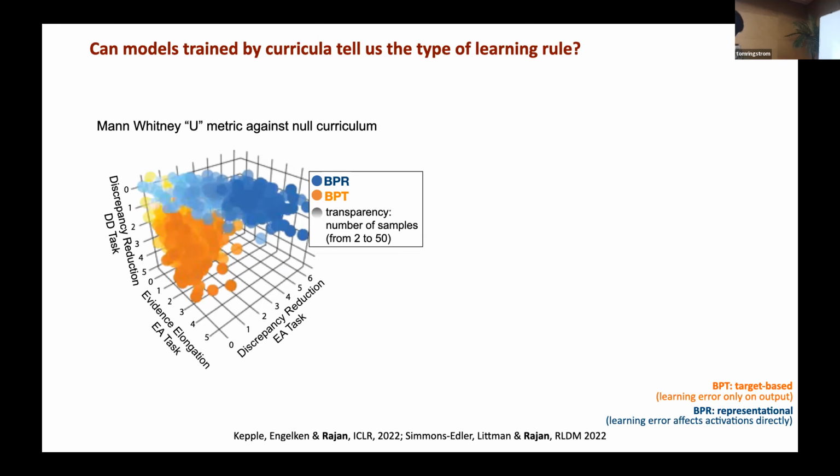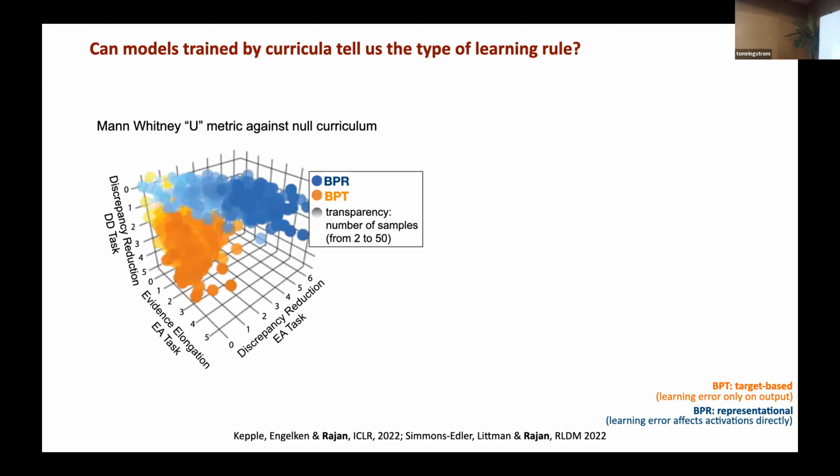That's the thing in the blue. The opacity of each of these dots tells you how many networks were simulated. So we start with 2 networks per learning rule per curriculum, all the way up to 50 networks per learning rule per curriculum. Then each of these dots is further bootstrapped a few hundred times.